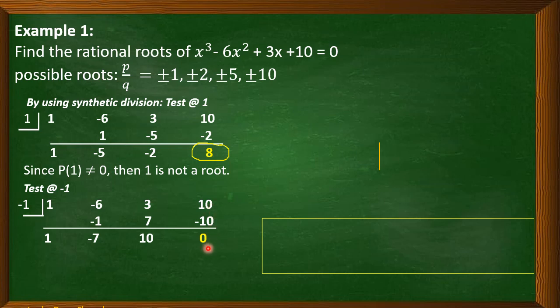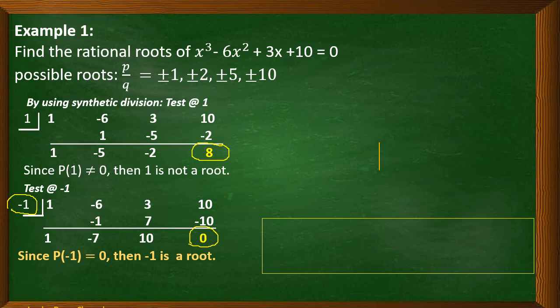Since we have 0 here, it means that negative 1 is a root, since the remainder is equal to 0. Now we have already a root. Next, we are going to find the depressed equation.